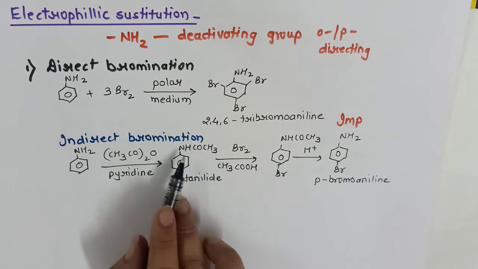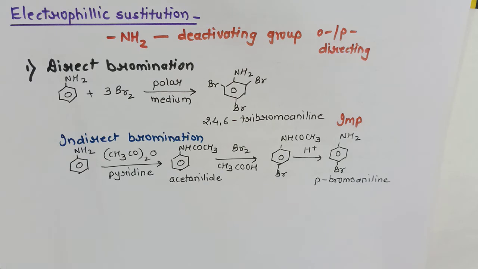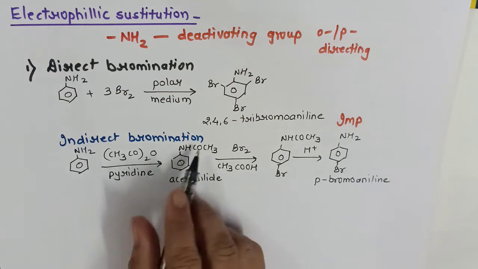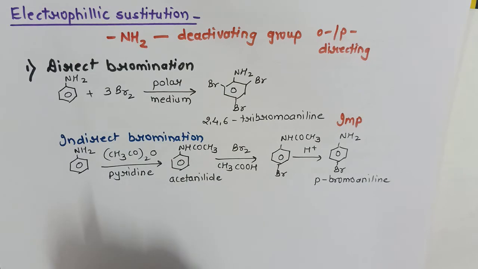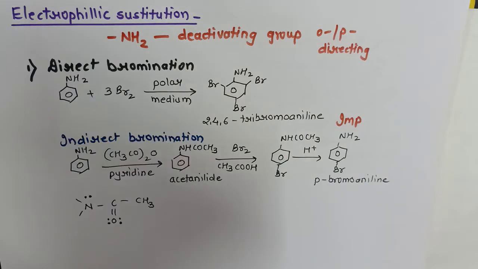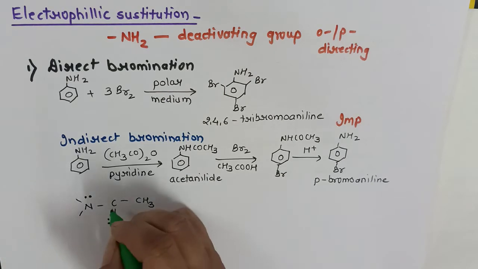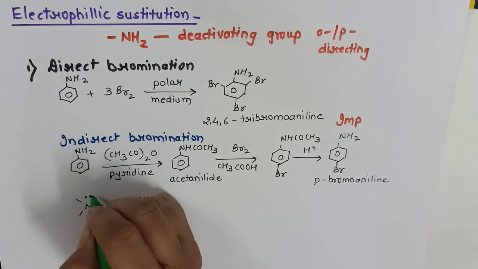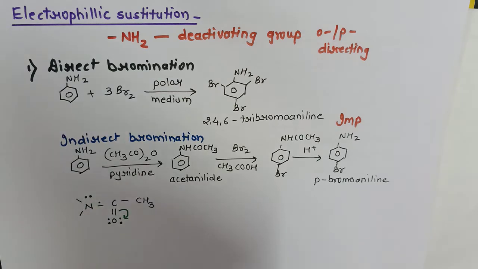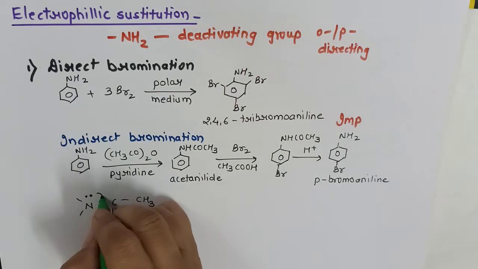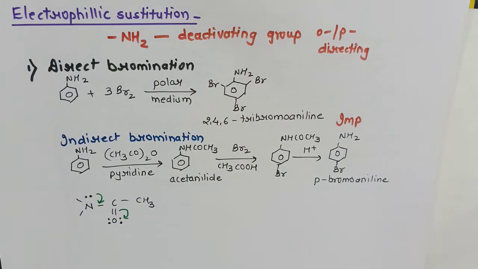Now what happens during this reaction which does not allow NH2 to take part in the reaction? The reason lies in the structure of NHCOCH3. Let us discuss the structure of NHCOCH3. This is the structure of NHCOCH3. From the structure we can say it undergoes hyperconjugation, or can say resonance, creating the charges on it.